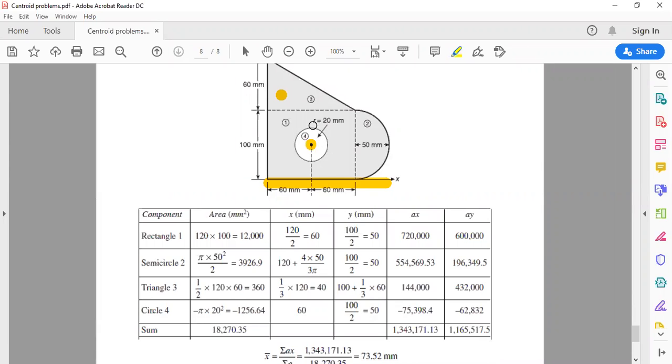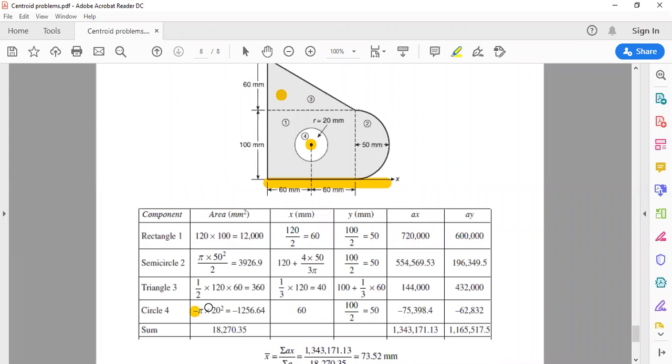The area of a circle is pi r square, but since it is a deduction, it is to be taken with the negative sign.